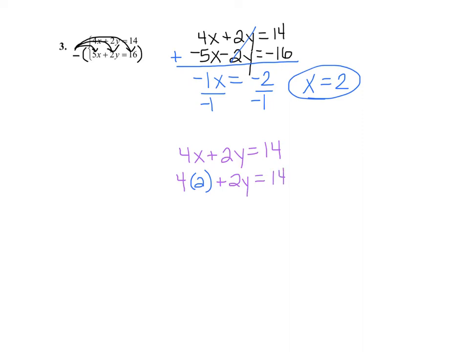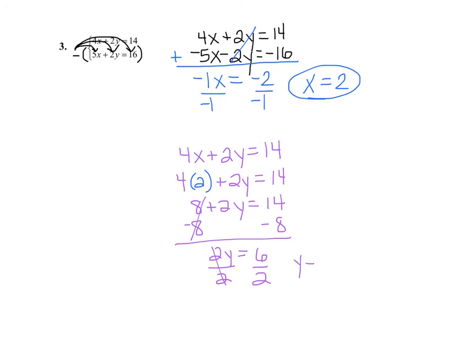We're going to multiply 4 times 2, which is 8, plus 2y equals 14. This is a two-step equation. So we're going to subtract 8 from both sides, get your like terms together. And 2y equals 14 minus 8, which is 6. Divide both sides by 2. 2's cancel, and 6 divided by 2 gives us 3.